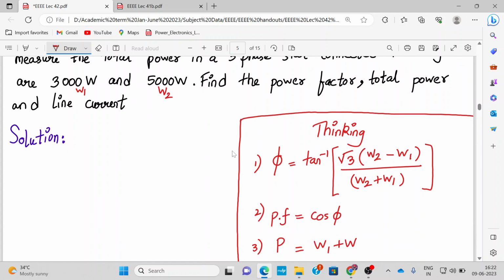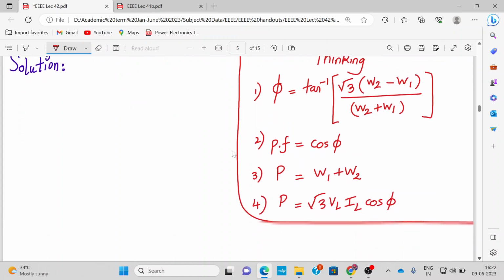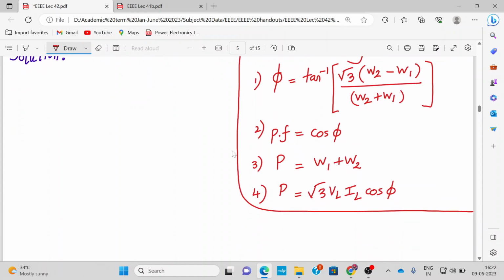Power factor, once you find the angle phi, will be cos phi. And then the total power will be W1 plus W2. And the line current, once we know the power, the line voltage, and cos phi, we can easily find from it. Alright. So in this way, we can easily find the value of the active power.